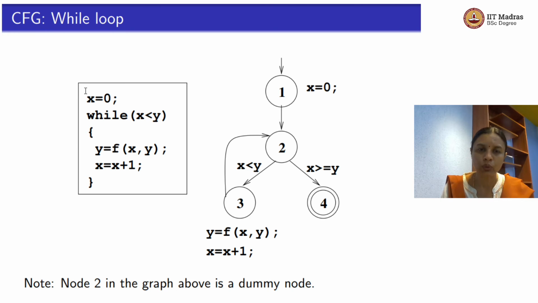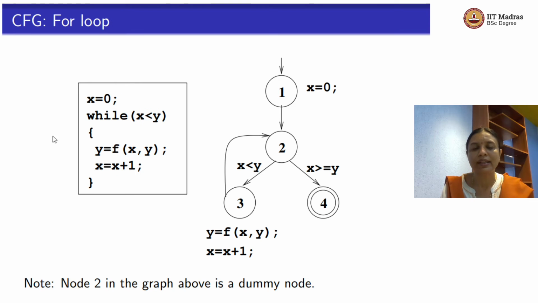If I had a loop like this, here is a code fragment on the left. Let's say I start with a statement that assigns X to 0. While X is less than Y, you do this function call f of x y, assign it to y, then you do x is equal to x plus 1. So how does the CFG look like? To start with, first x is equal to 0.